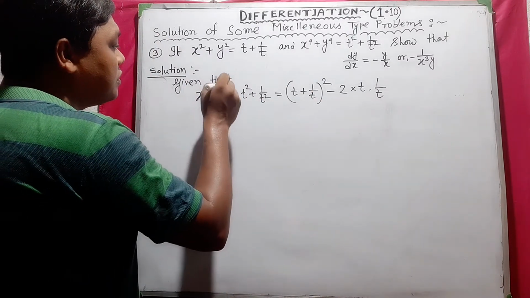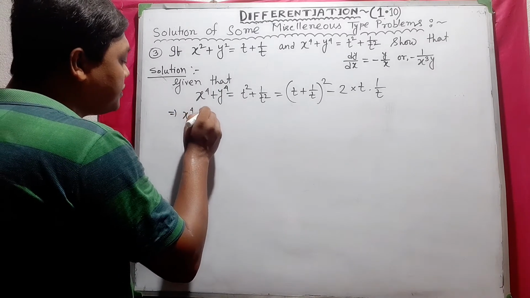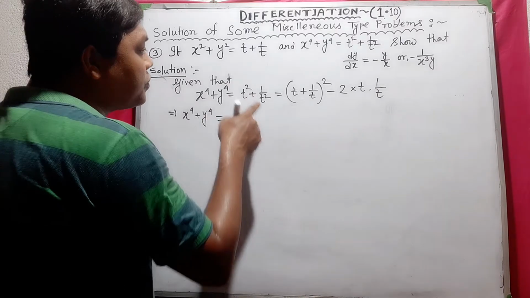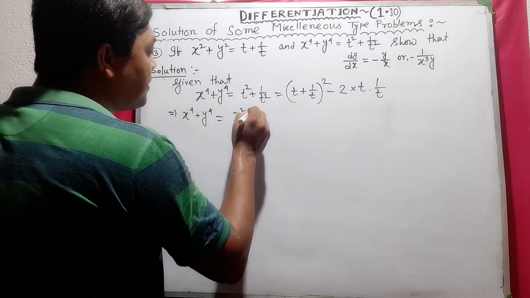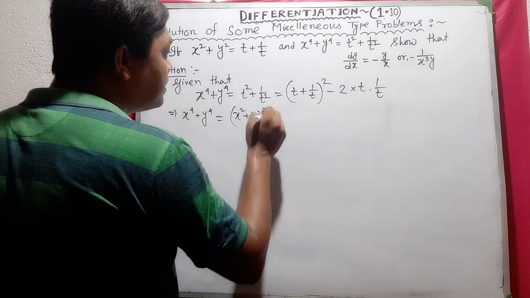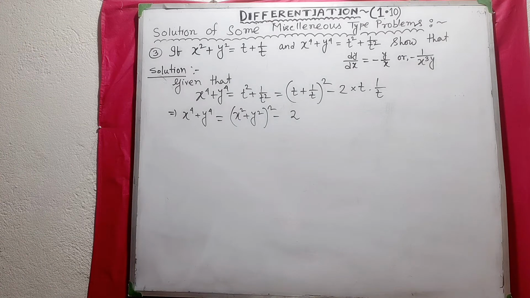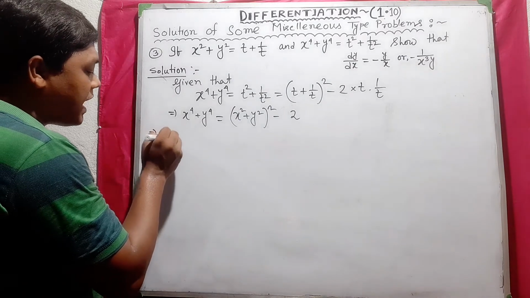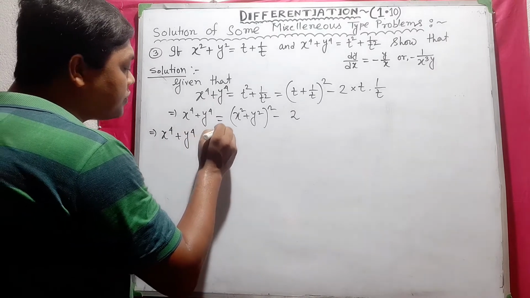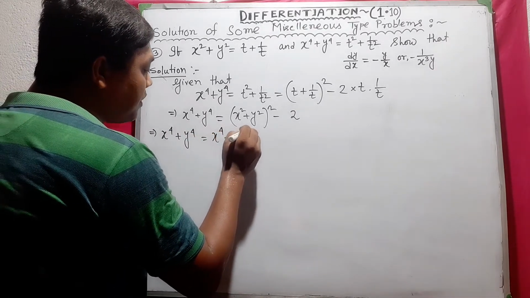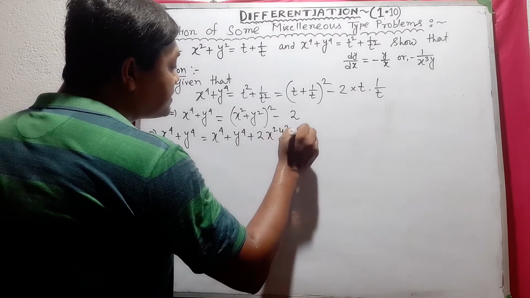So x to the power 4 plus y to the power 4: if I put t plus 1 by t, that is x square plus y square, so x square plus y square whole square minus 2. T cancelled, minus 2. So after simplification, x to the power 4 plus y to the power 4 equals x to the power 4 plus y to the power 4 plus 2x square y square minus 2.